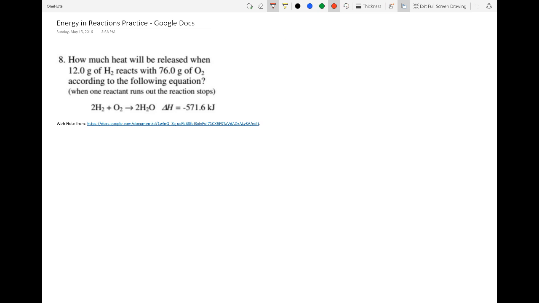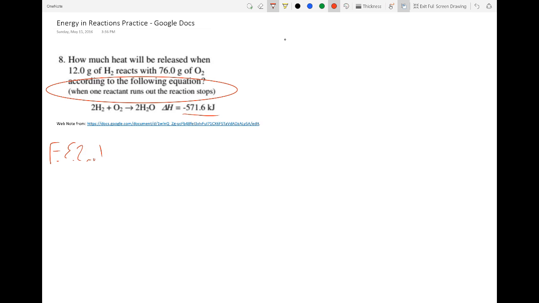How much heat will be released when 12 grams of hydrogen reacts with 76 grams of oxygen? Okay, so this one is a limiting and excess reactant problem. We've got to do that little fun stuff that we did before. This one is negative, so the energy is being released.